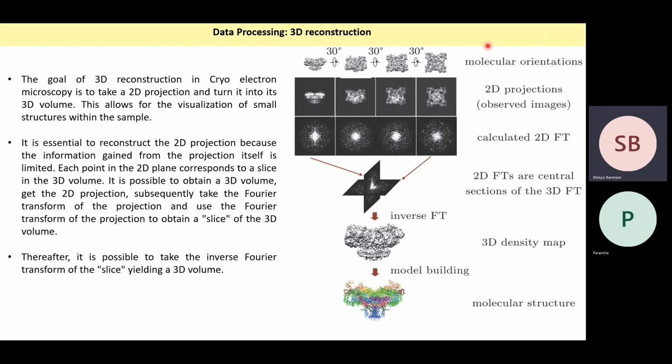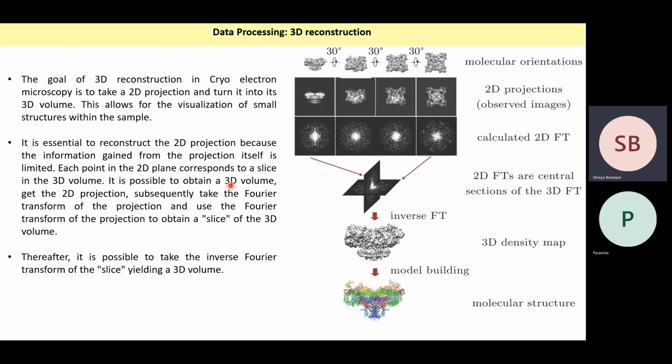So you have the molecule in different orientations, and you get 2D projections from that particular orientation. It is essential to reconstruct from the 2D projections because the information gathered from a projection itself is limited. So what is done is that each point in the 2D plane corresponds to a slice in the 3D volume.